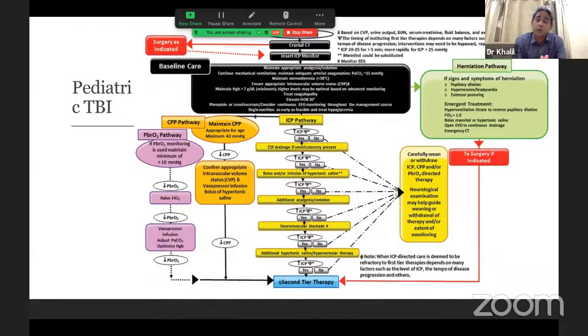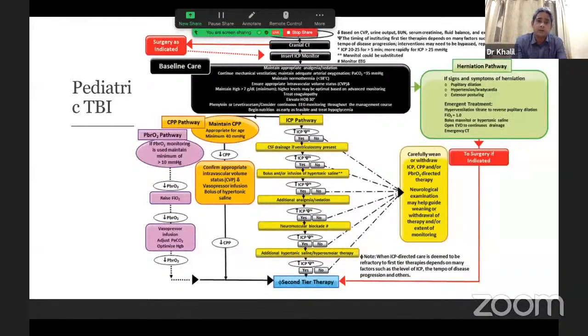So maintain a hemoglobin level, we have discussed this, above 7. Treat coagulopathy if any. Keep the head end of the bed elevated to 30 degrees, because that is the position in which it has been found that the venous return would be optimal, so there won't be a rise in ICP.